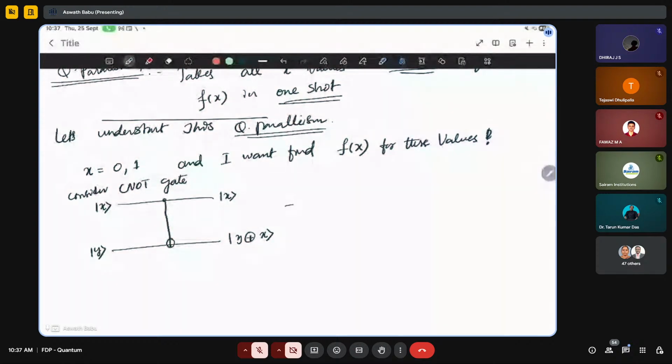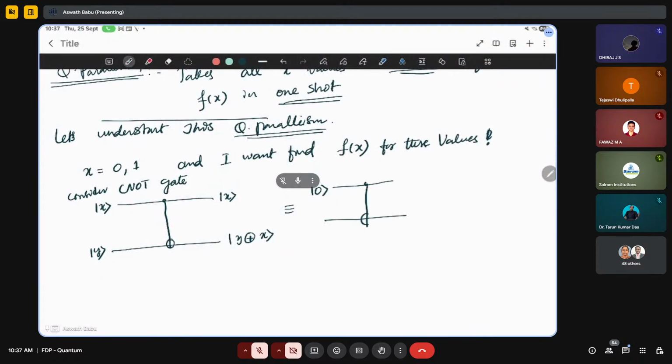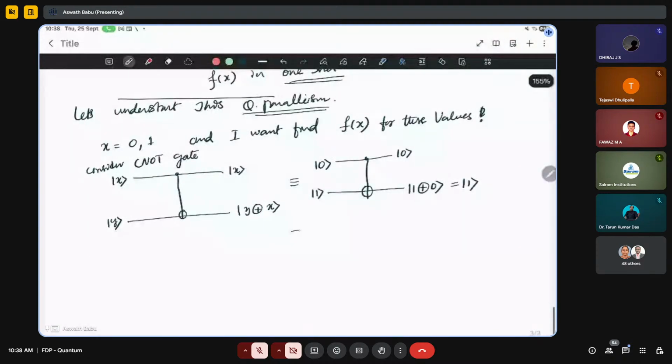I can show you that example here. Let's say x is 0. If y is 1, x goes as it is. Even y goes as it is, because when you add anything to 0, you get the same thing. That is one situation. Another situation is, let's say x is equal to 1.